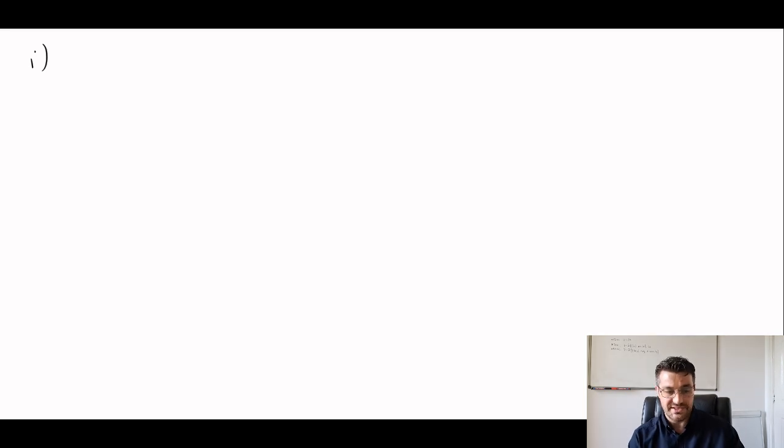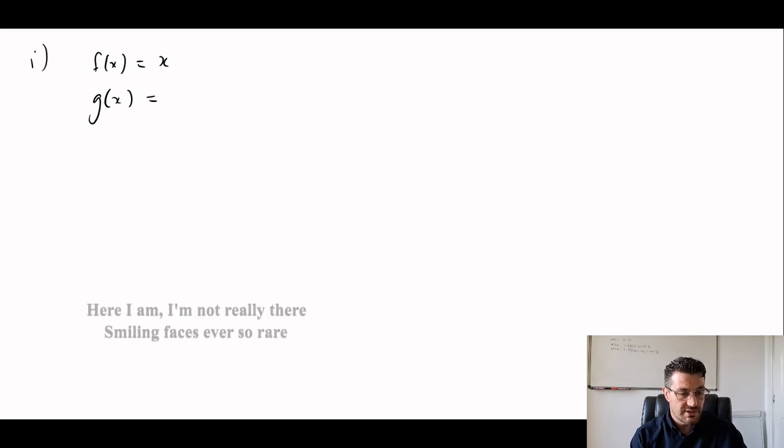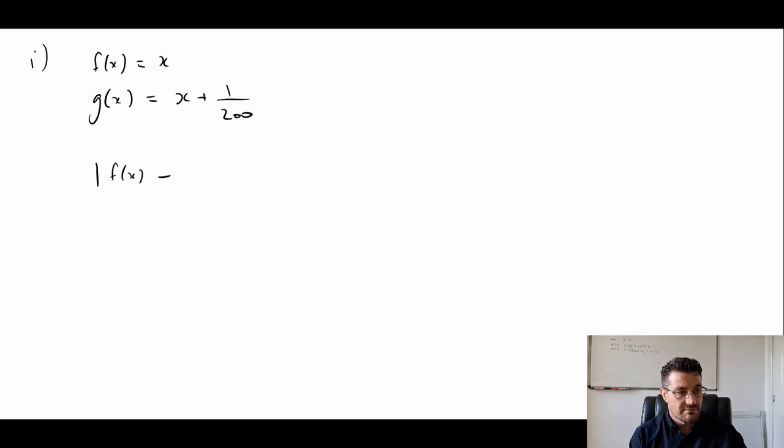Okay, so what do I mean by simple functions? Well, we might choose something like f of x equals x and g of x equals x plus 1 over 200. Okay, because in that case, modulus of f of x minus g of x, and do write this out by the way, actually show that your functions satisfy the definitions.